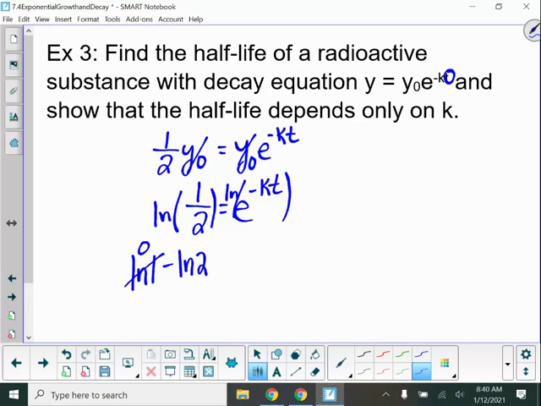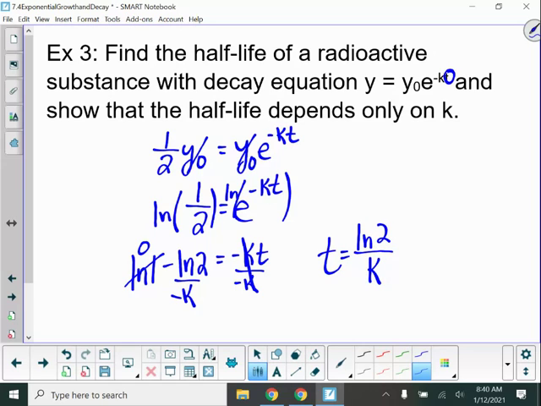So it's really just negative natural log 2. Natural log of e to the negative kt is negative kt. Which means, if I'm solving for t again, I'm going to divide both sides by negative k. T is equal to the natural log of 2 divided by k.